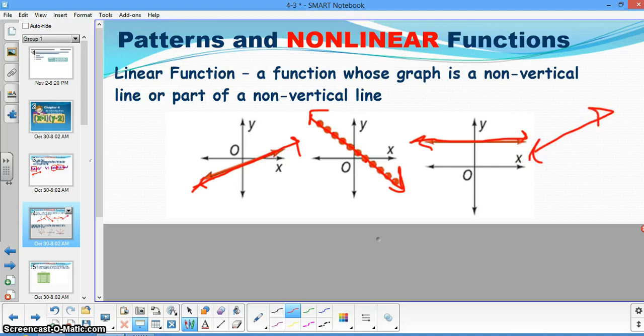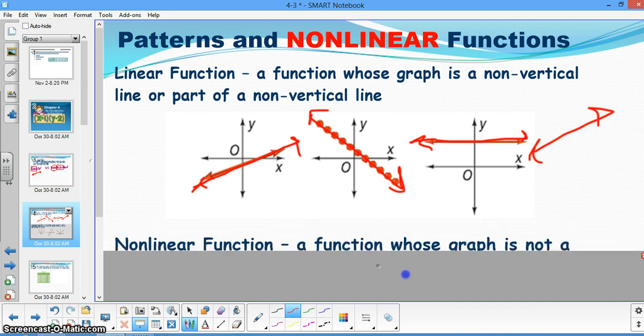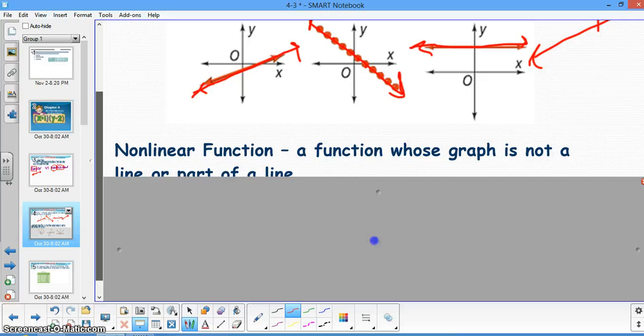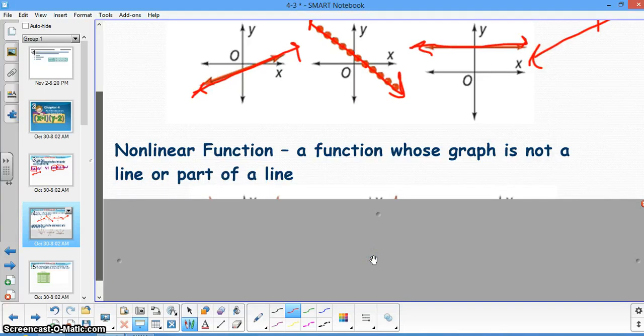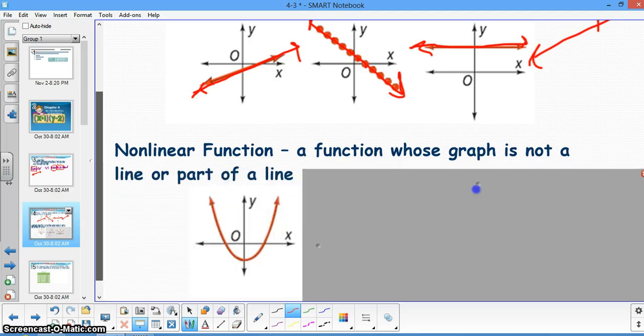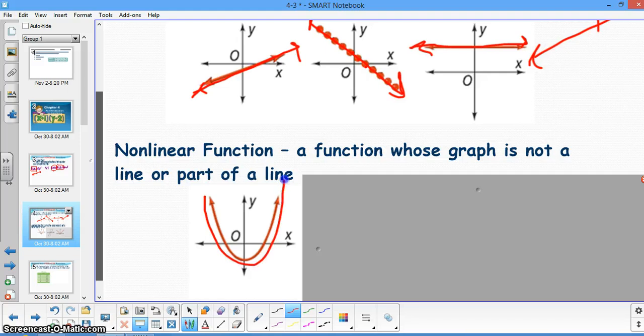The opposite of linear then would be nonlinear functions. A nonlinear function is a function whose graph is not a line or part of a line. Let's look at three different examples. One, here you have a line that curves, also called a parabola, which you'll look at later on.